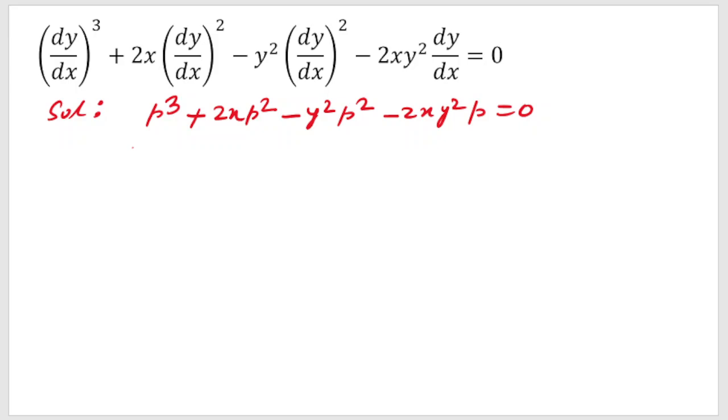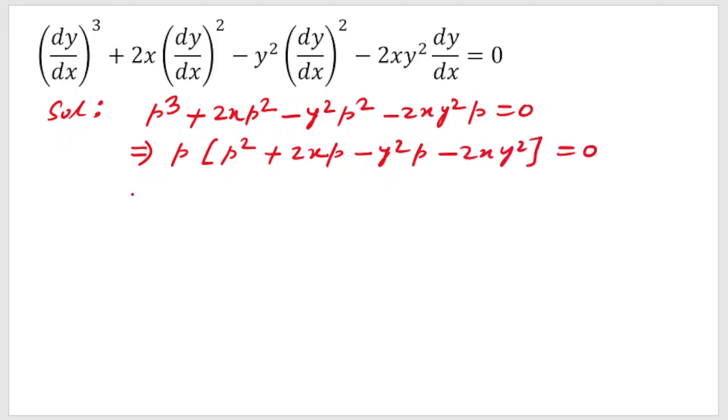Now to factorize it, first of all you can clearly see that p is common in all, so I can take p common. I will have p² + 2xp - y²p - 2xy² = 0. Now further try to factorize. Can we take p common from these two?